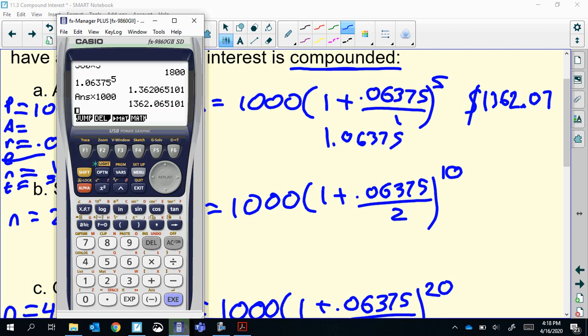So our next one is a little bit different because we have to divide by 2. So that's 0.06375 divided by 2. And then we add the 1. And then we do to the power of 10.